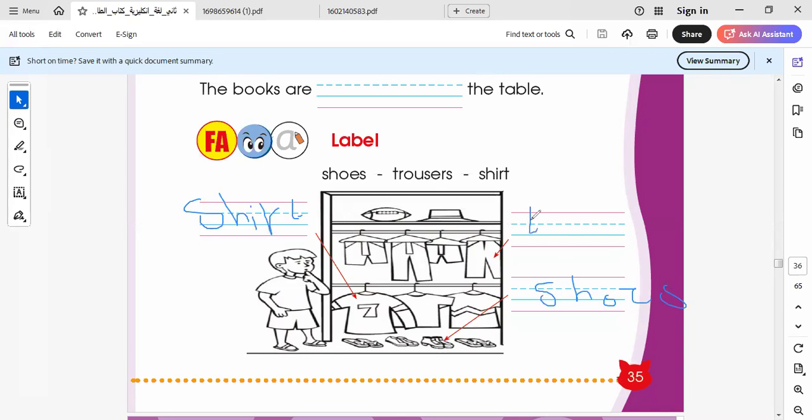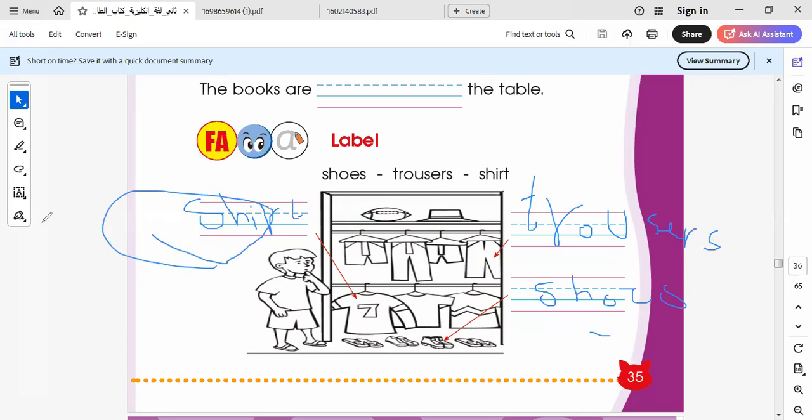Here is trousers. So here we have trousers. I would like to write it again. Trousers. Here is trousers, here is shoes, and here is shirt.